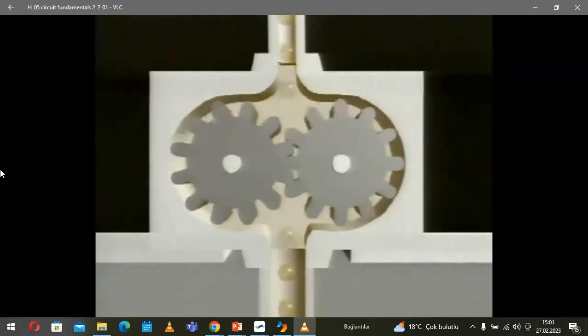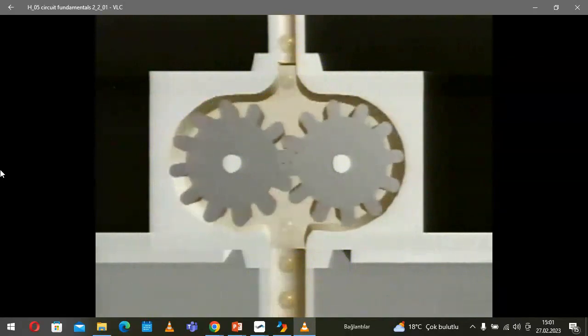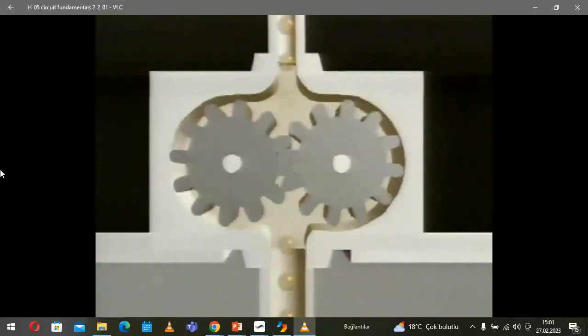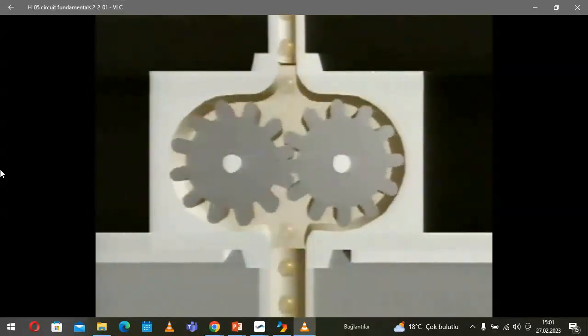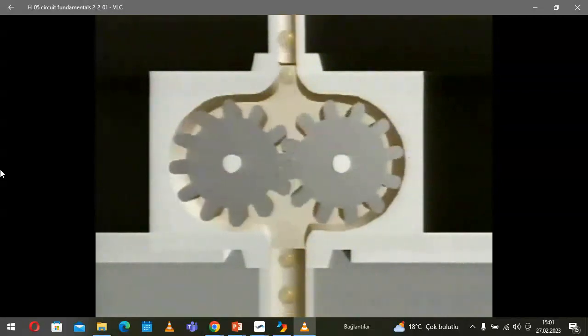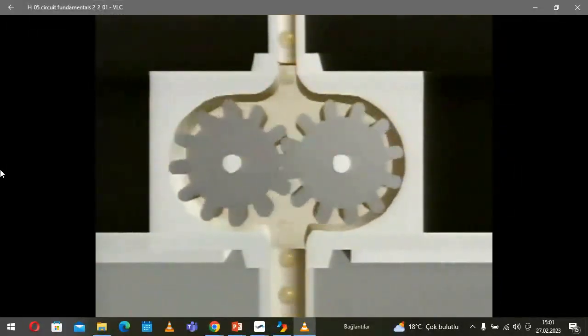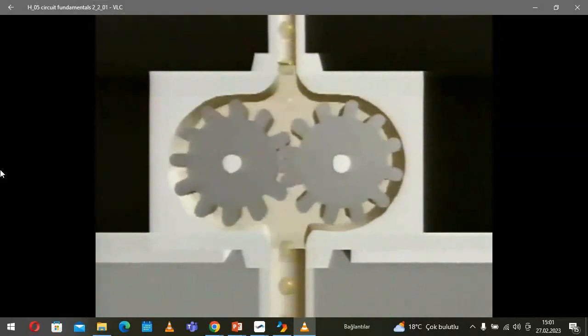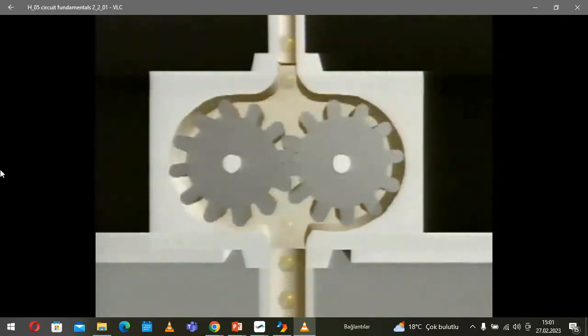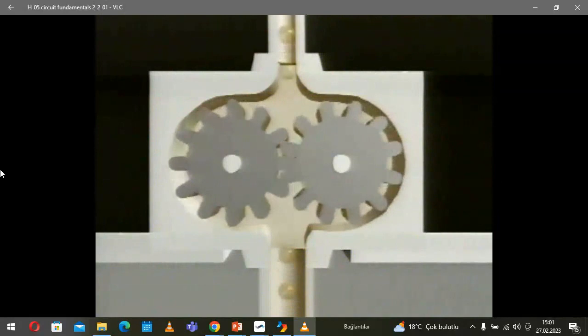Oil is transported between the gear teeth along the chamber walls to the pressure chamber. The intermeshing teeth prevent the oil in the middle from flowing back. The oil now flows from the pressure chamber into the line, where it's displaced by the oil being supplied continuously from the gear wheels.